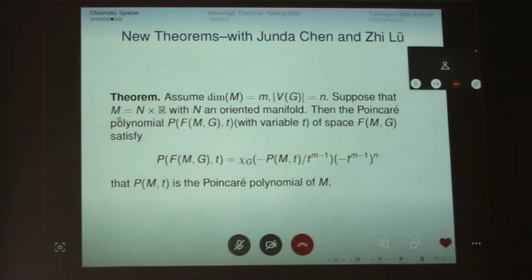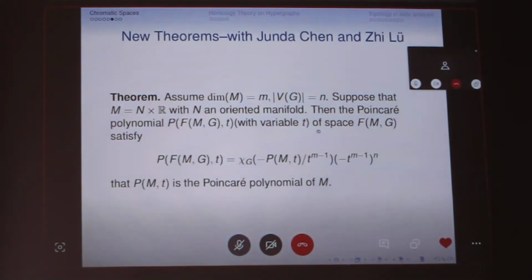So M can be written as a manifold N times R, where R is the real line. And here we assume the dimension of the manifold M is m, and assume the cardinality of the vertex set of the graph G is n.